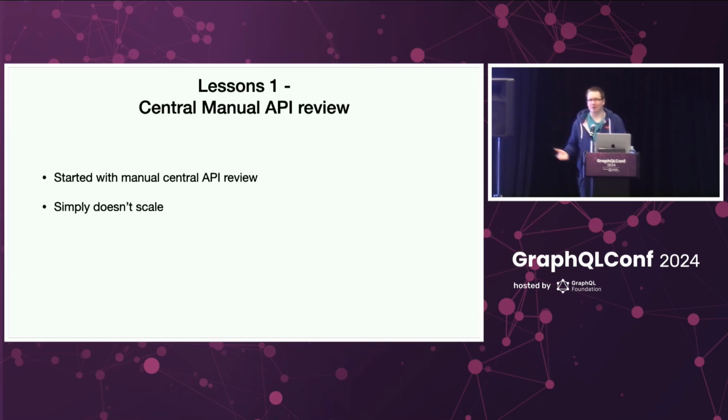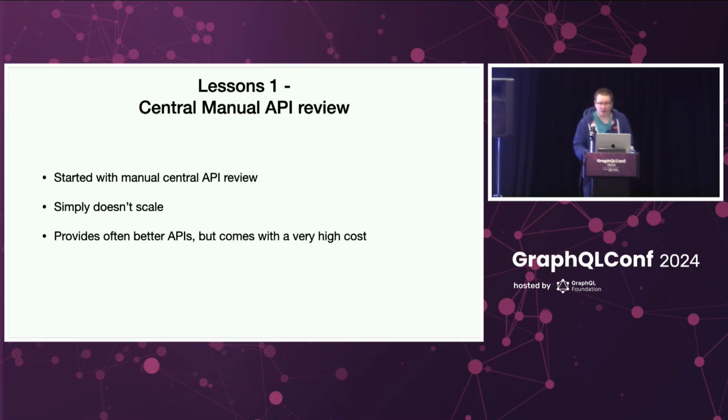Mainly me and another colleague did it. But success got in our way, more people onboarded, more APIs, and we could not scale it up. We could not manually review every field and every type that is exposed via the gateway. So central manual reviews are made very easy by our model, but it didn't scale.